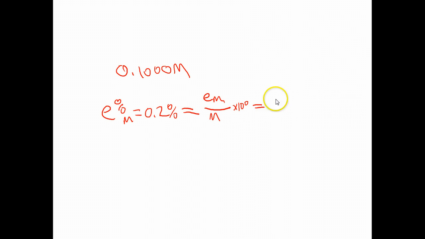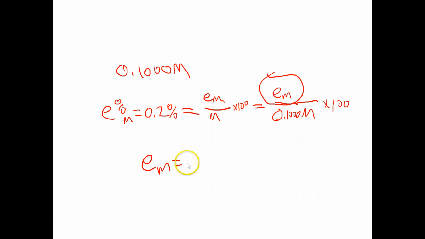So this is equal to the error associated with molarity divided by 0.1000 molar, which is our molarity, times 100. If we go through and solve for this, our error ends up being 0.0002 molar.